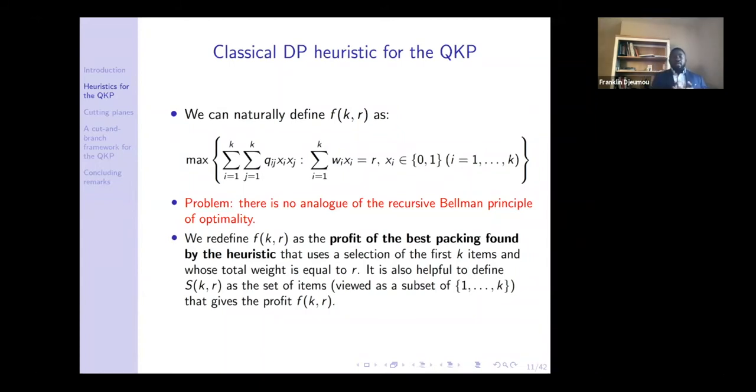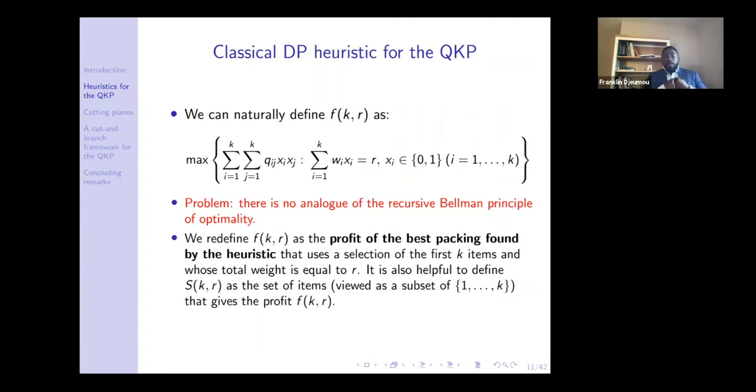One problem is that the Bellman principle of optimality, for those of you that are familiar with dynamic programming, does not hold in this case. So that is impossible. And you cannot guarantee that this state function as defined here is exactly the maximum profit that you can obtain with a subset of the first k items.